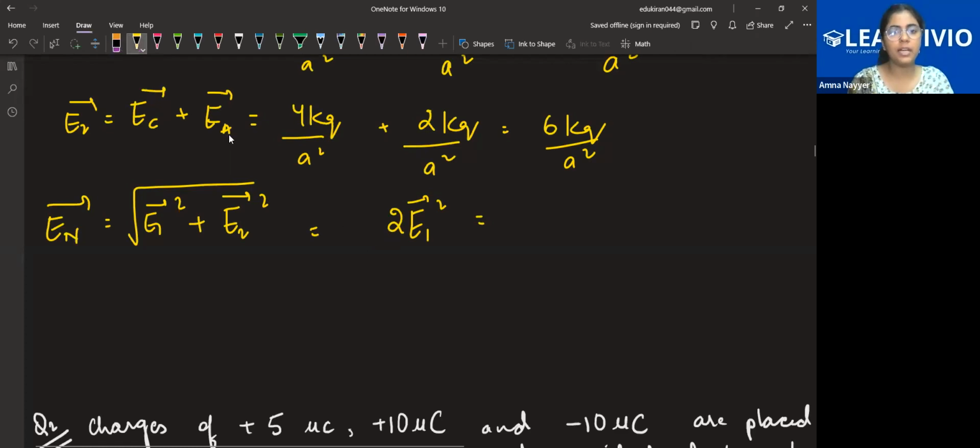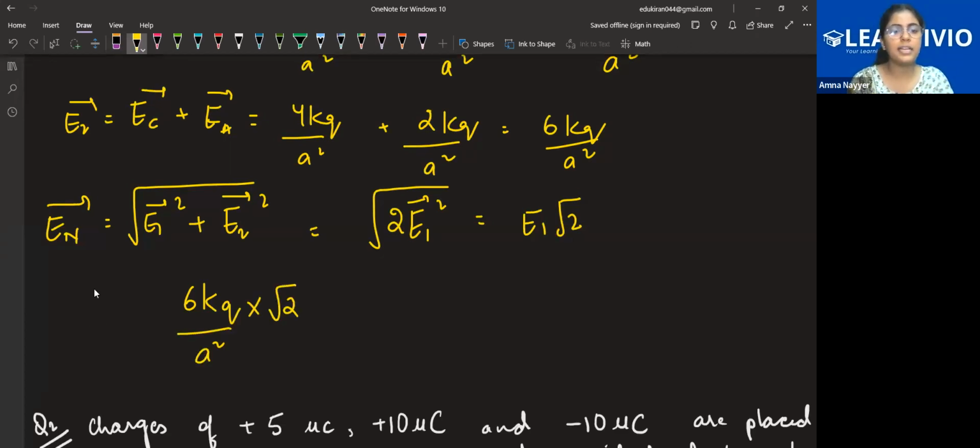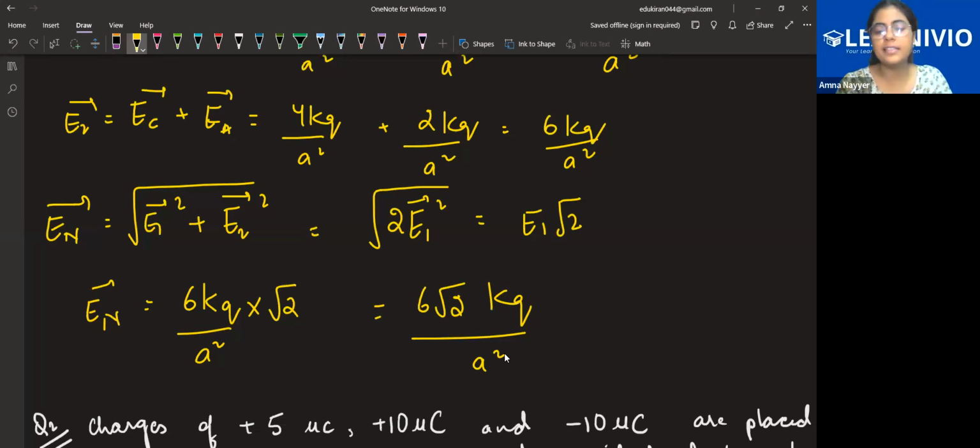E1 can be taken out common, root 2 is left. What is the value of E1? 6kq by a square into root 2. This is the net resultant electric field: 6 root 2 kq by a square, because both the vectors make an angle of 90 degrees.